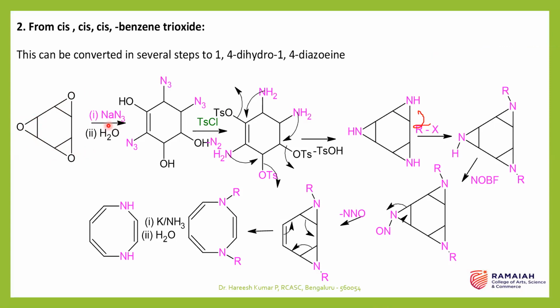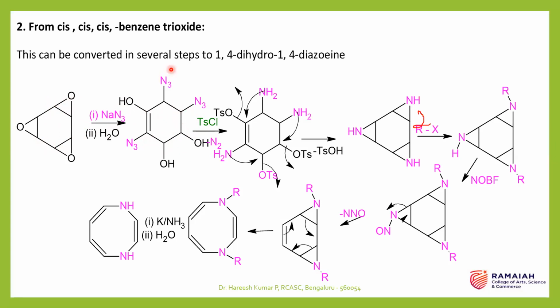So this one, when it is treated with sodium azide, it will attack here, and there, and here. So there is a ring opening of the epoxide, forming an intermediate like this.